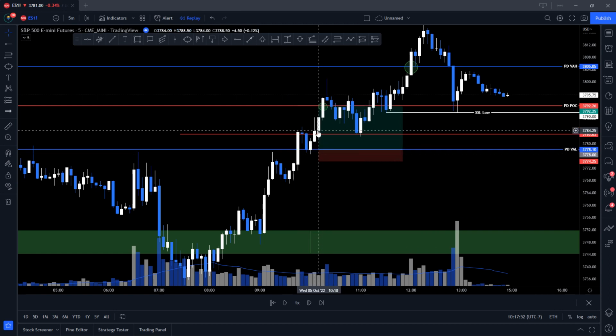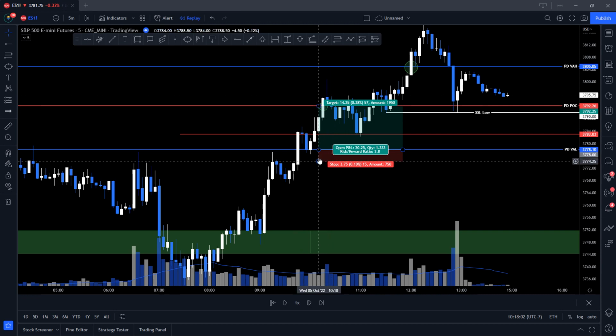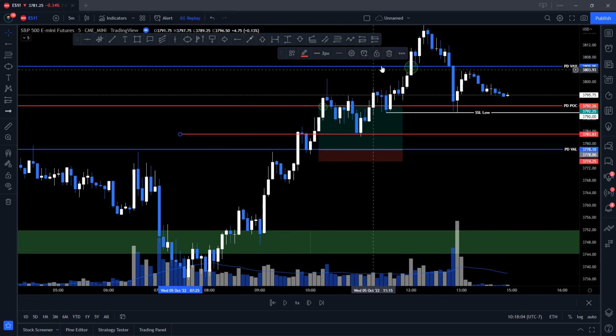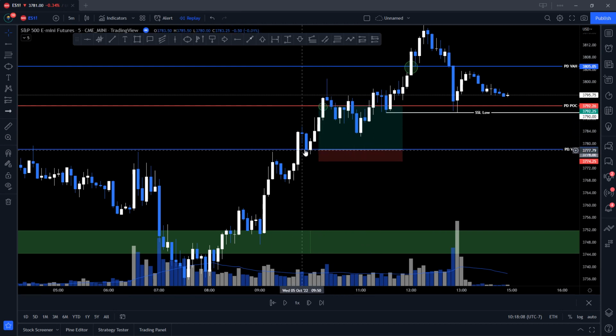There's not enough meat. You're not getting 1 to 2 risk to reward on this trade. So before you get into this trade, or with any trade, you want to make sure that your risk to reward is there.